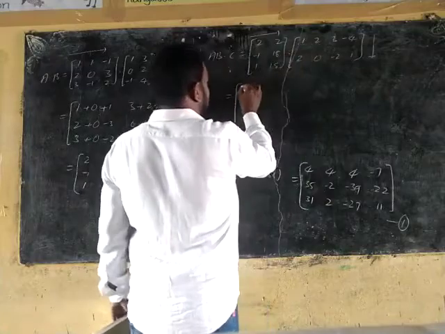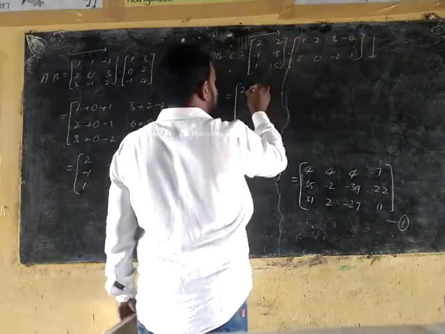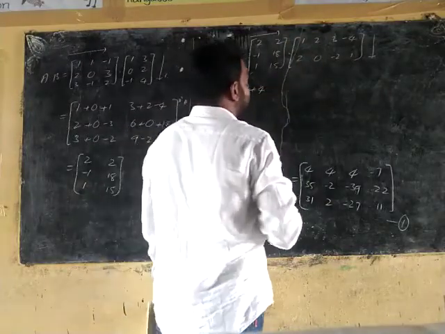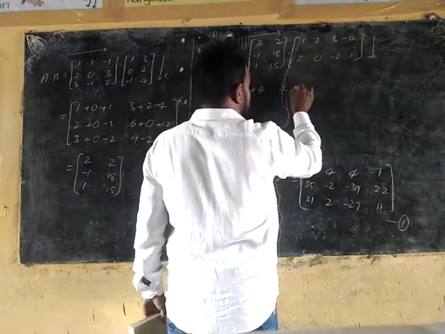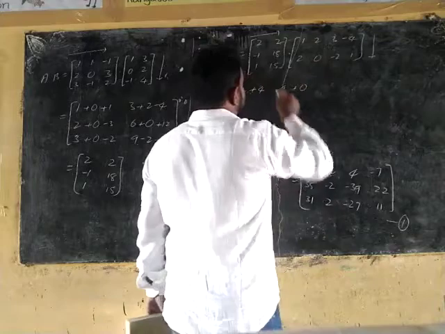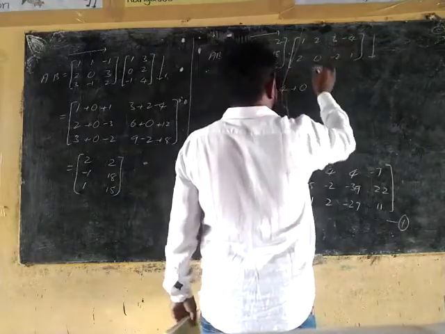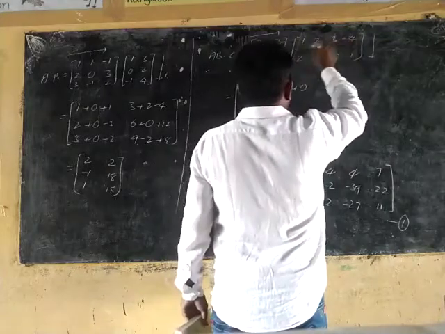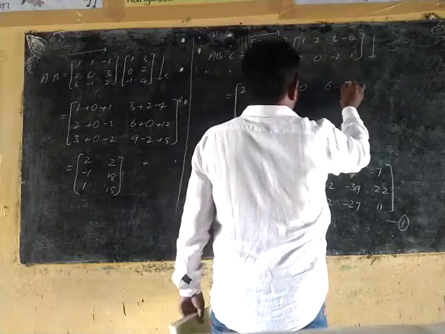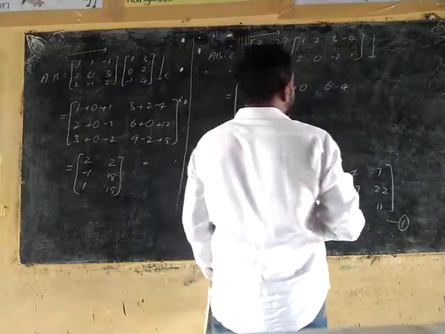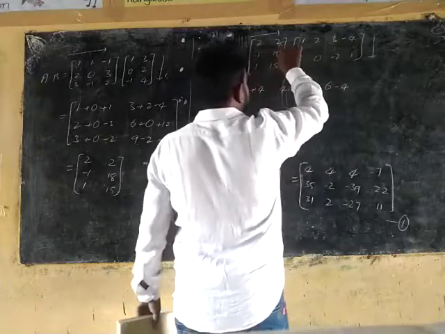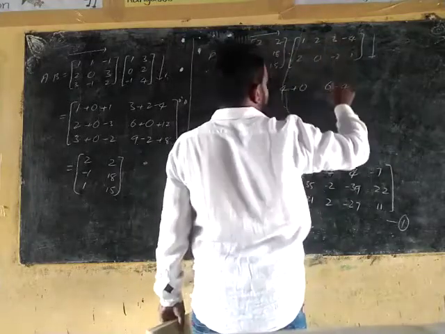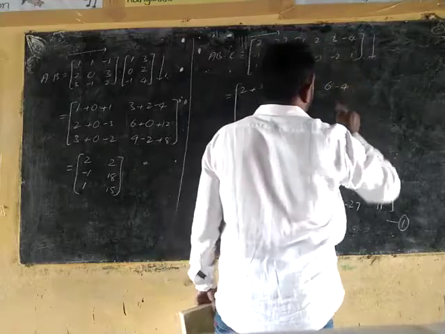2 into 1, 2, plus 2 into 2, 4. First row, first column finished. 2 into 2, 4. 2 into 0, 0. Next, 2 into 3, 6. Next, 2 into minus 2, minus 4. Next, first row, third column: 3 2s are 6. 2 into minus 2, minus 4.